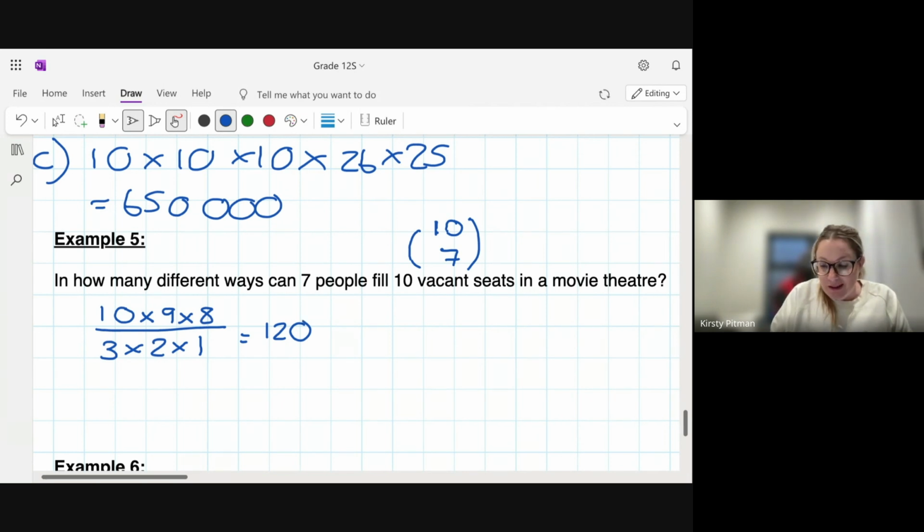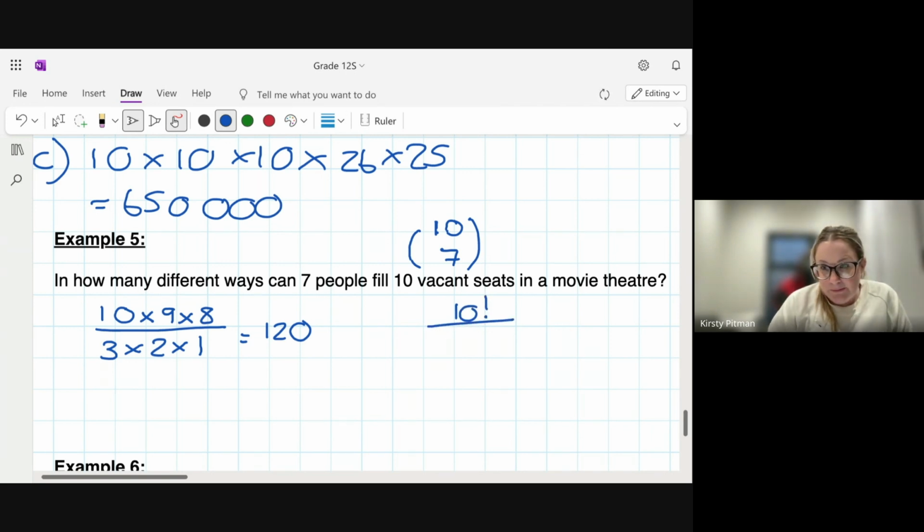Now there's another way to calculate this that you may have been shown in class, and if you understand that way, amazing, well done. This is the way that I've got it in my head. You don't have to do it this way. You can do it the way you've been told in class. So in class, you may have been told the following. On the top, I'm going to have 10 factorial.